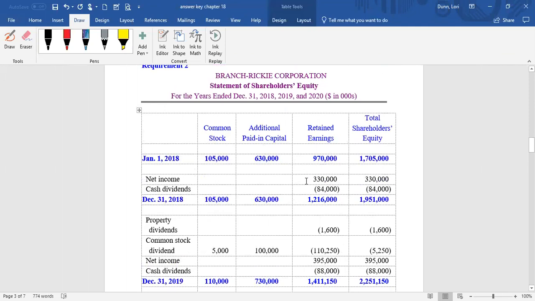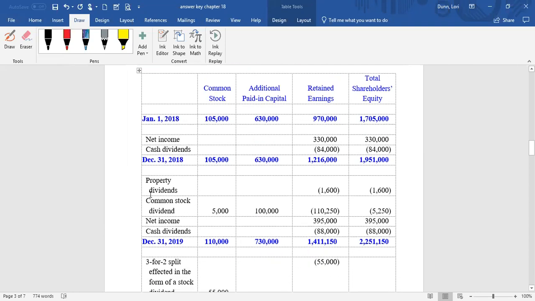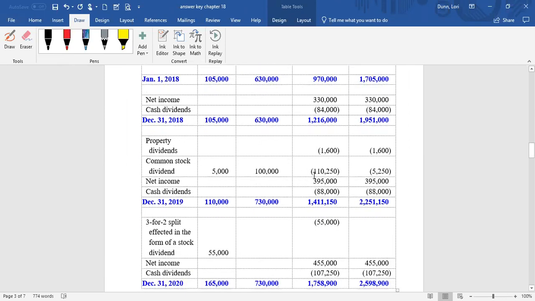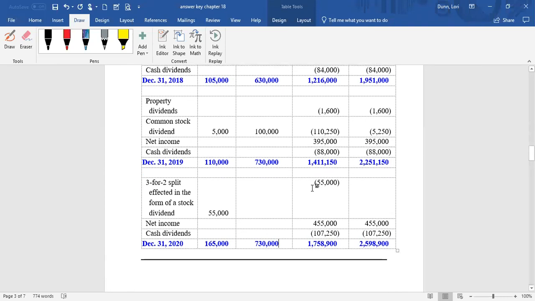Net income for 2018, $330 million. The company reduced retained earnings for $84 million in dividends. In 2019, it reduced retained earnings for a property dividend of 1.6. It reduced retained earnings for a common stock dividend of 110,250. It increased net income for $395,000, and it decreased retained earnings because of a cash dividend of $88 million during 2019.